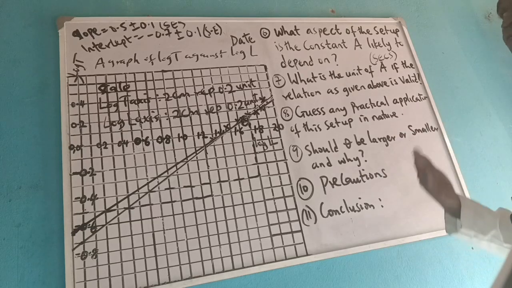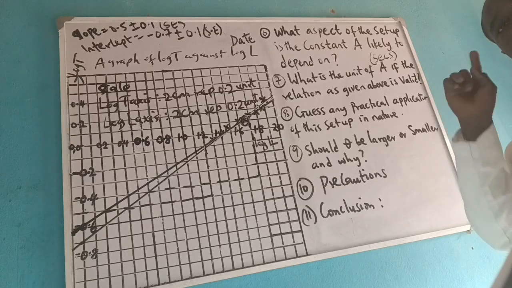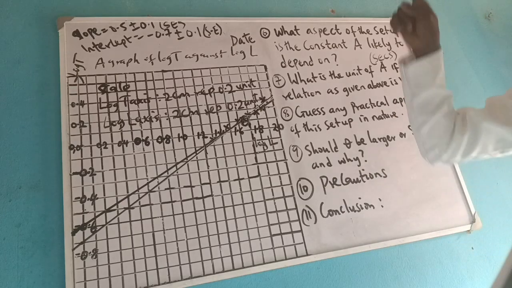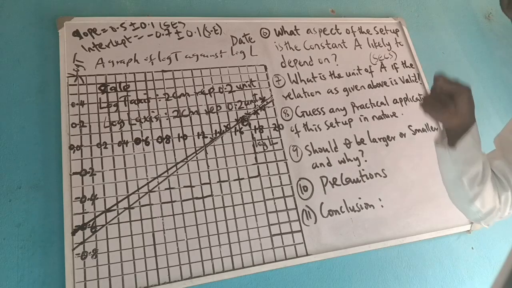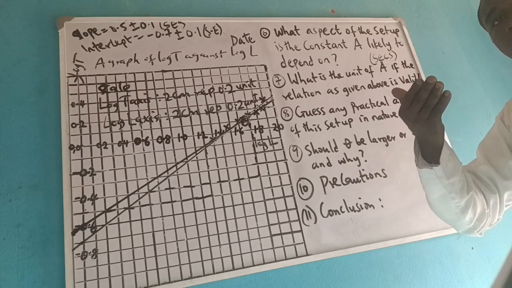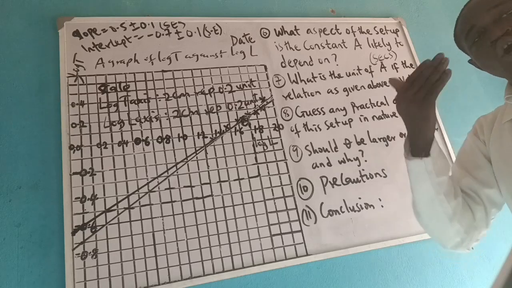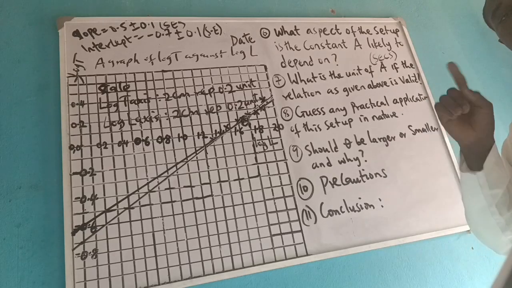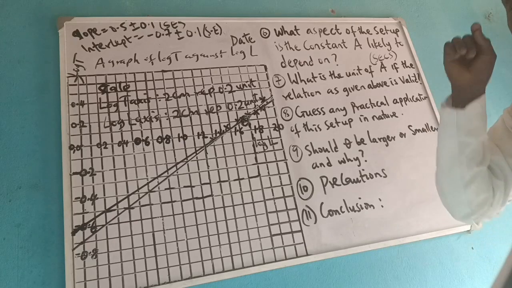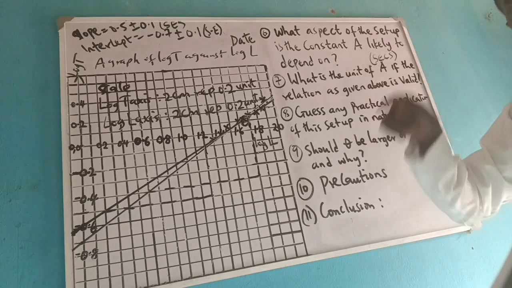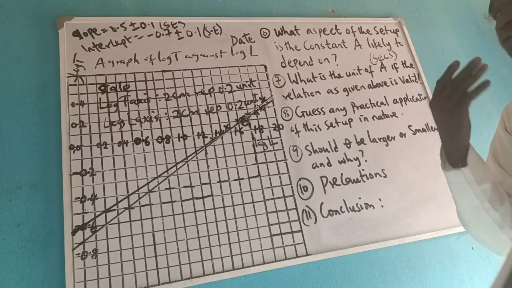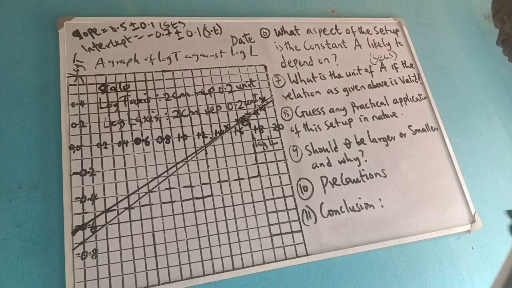And as you are measuring with the meter rule, you should remember error due to parallax was avoided while measuring the length of the thread by placing my eye vertically downward on the meter rule. I repeat again, error due to parallax was avoided while taking my measurement of the thread by placing my eye vertically downward on the meter rule while taking the reading. Are you getting it? That is just that.